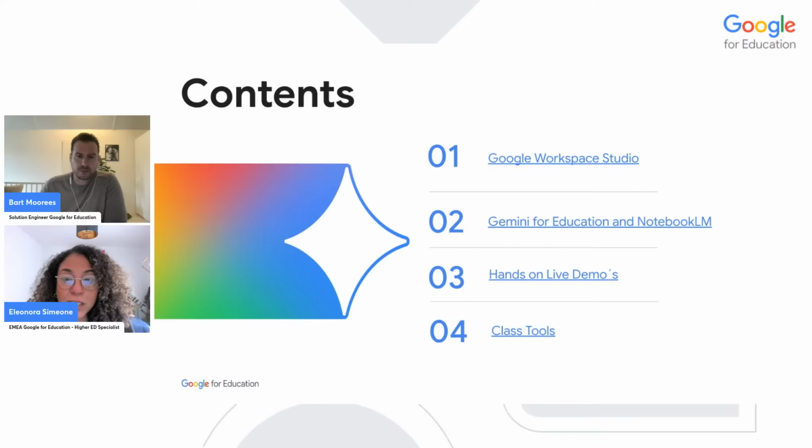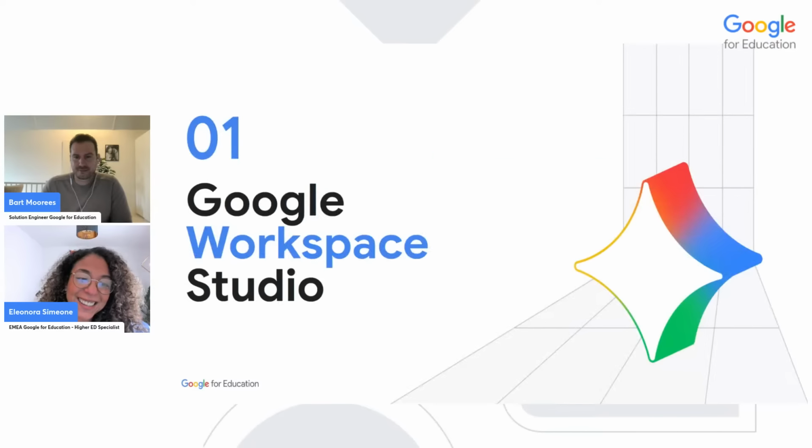And we're going to switch then for the third part to hands-on live demos. Bart will bring us the full overview on how to use these tools in your day-to-day. And then finally, we're going to close up with Class Tools. Class Tools is another interesting tool that is very well used now in many universities for examinations. So thanks again. I'll give you back the mic.